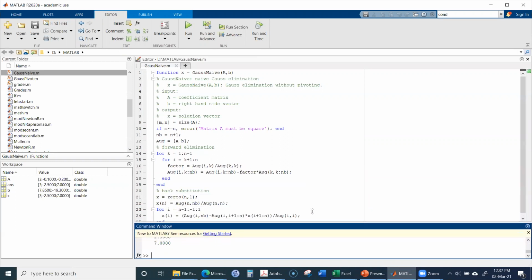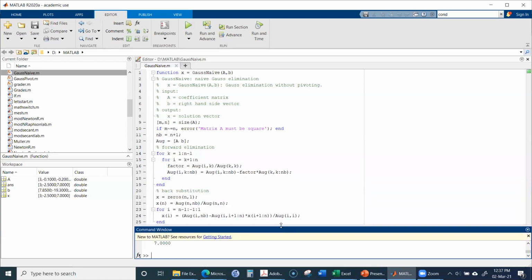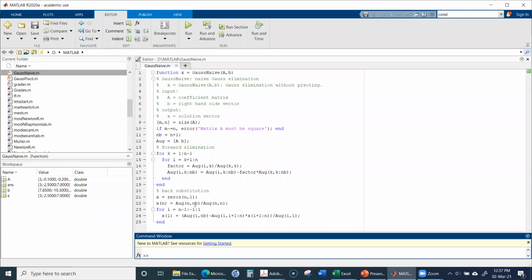Behind the scenes, for this backslash operator, this type of algorithm, or maybe some slightly modified type of algorithm, works. So if you go through this algorithm, it will be easier for you to understand the mechanism behind it.